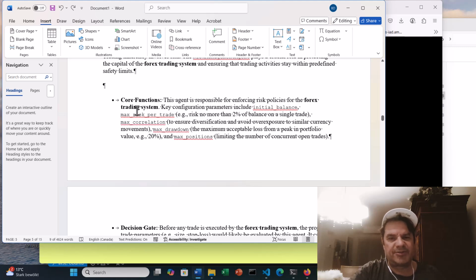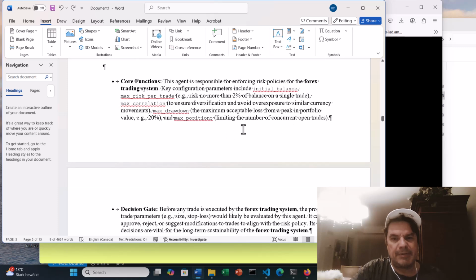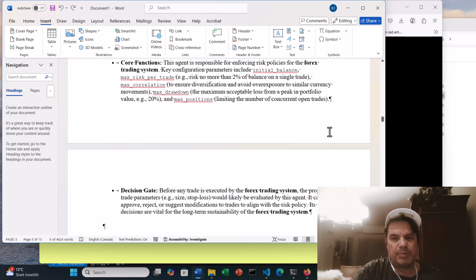The initial parameters: initial balance, max risk per trade, 2% of the balance, max correlation to ensure diversification and avoid overexposure to similar currency movements, max drawdown, which is very, very critical, an acceptable amount from a peak portfolio, 20%, 15%, which I would say, and max position, which limits the number of open currency trades.